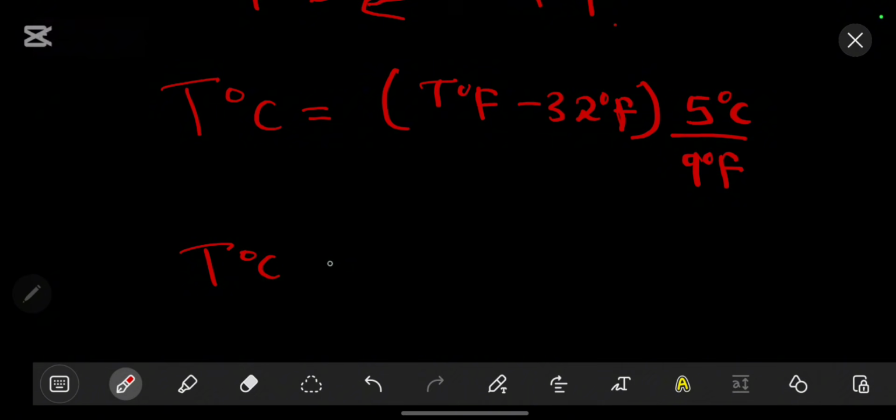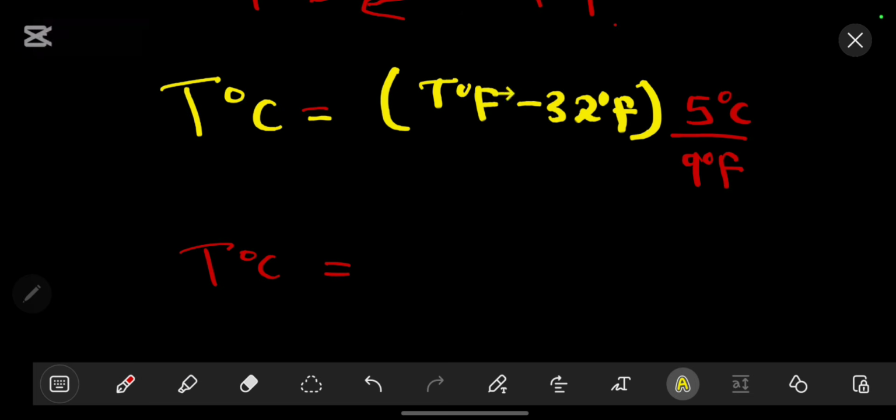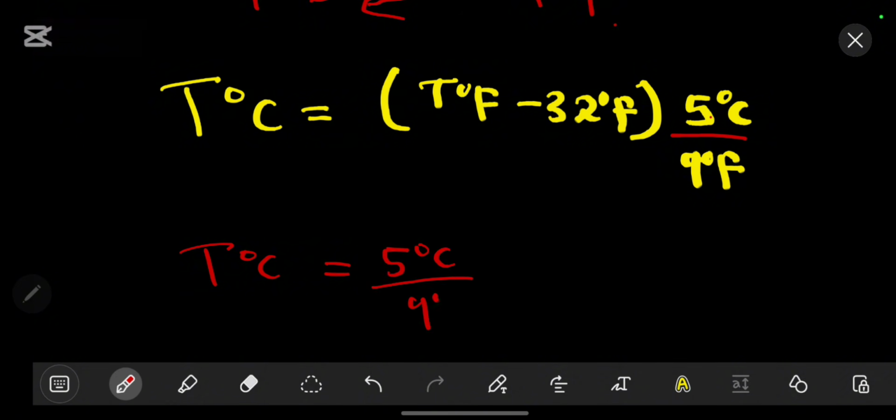We have the temperature in degrees Celsius should be equal to 5 degrees Celsius over 9 degrees Fahrenheit, times the temperature in degrees Fahrenheit minus 32 degrees Fahrenheit, like that.